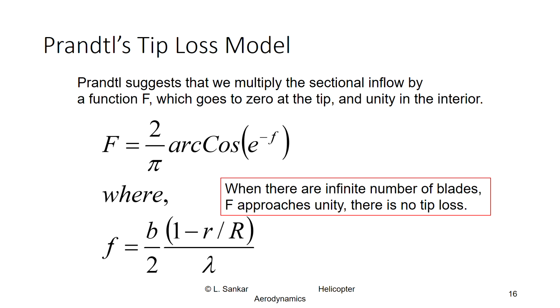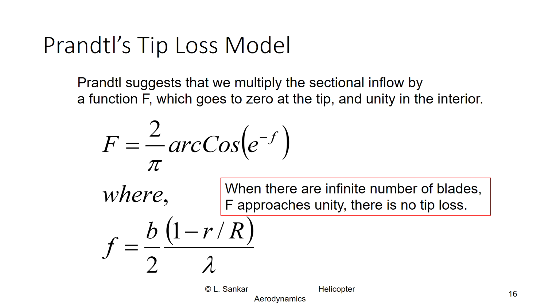Now we notice that when B is infinity, that means an infinite number of blades, f will be infinity, e to the power minus infinity will be 0, arc cosine of 0 will be pi over 2, and then capital F will become 1. But for finite blades, the only time when F will become very small and go to 0 is right at the blade tip.